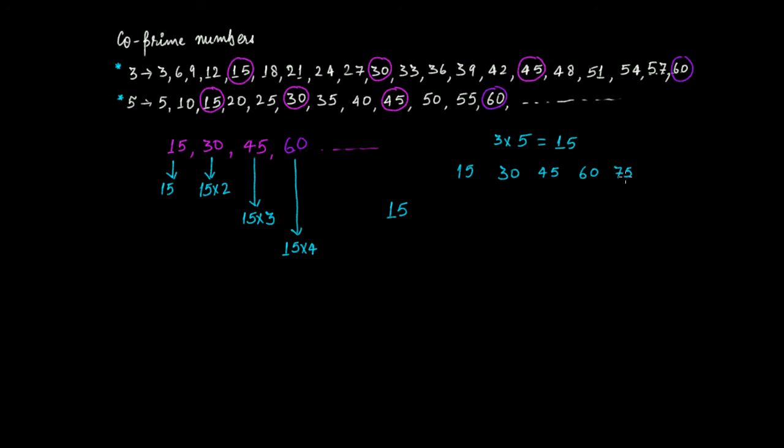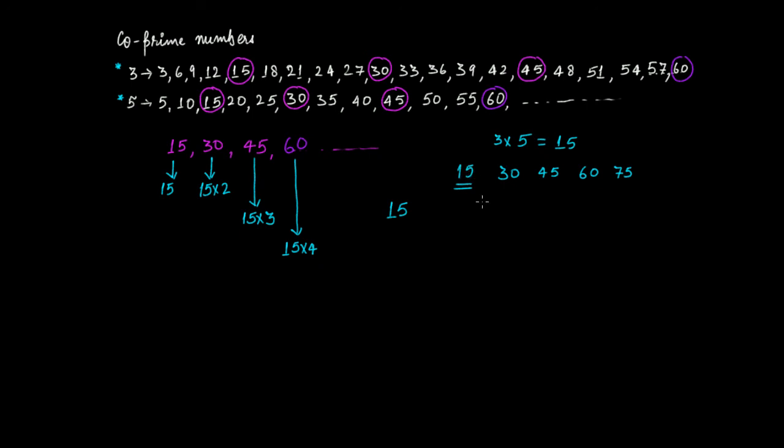If I say that 75 is divisible by both 3 and 5, that means that 75 is a common multiple of 3 and 5. So whatever number is divisible by both 3 and 5 is a common multiple of 3 and 5, and 15 is that number which can divide all those common multiples. This is the only number which can divide any common multiple of 3 and 5.